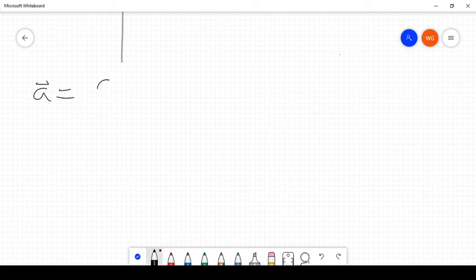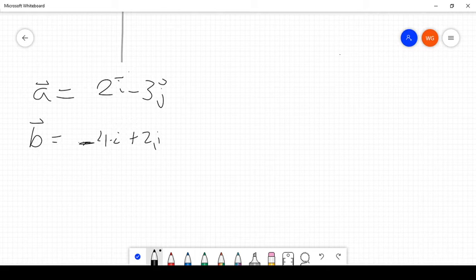It's composed of both an x and a y component, and specifically vector A is composed of 2i minus 3j, and then I have vector B, a different vector that is composed of, let's say, negative 4i plus 2j.